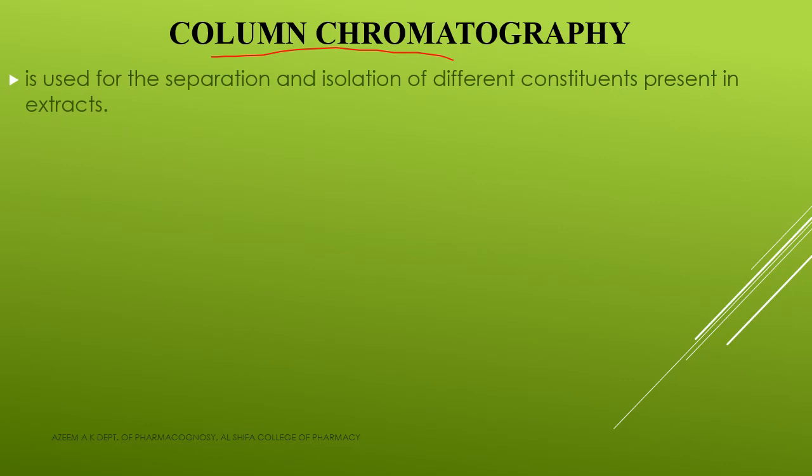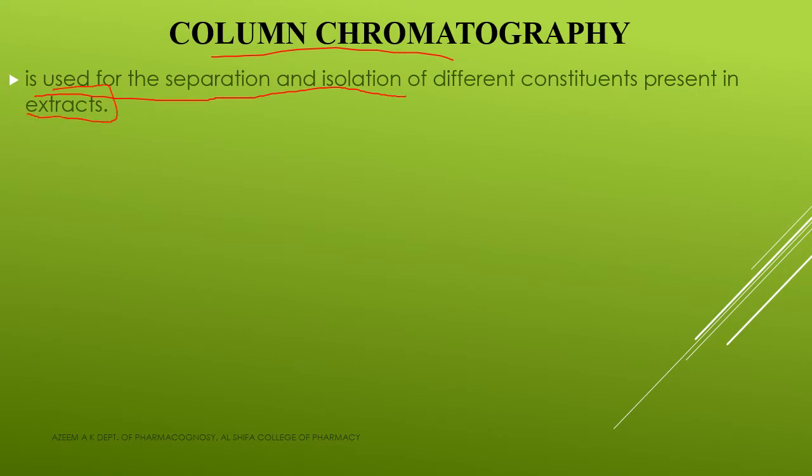Now we are studying the next type of chromatography, that is column chromatography. This column chromatography is used for the separation as well as isolation of different constituents present in the extracts.